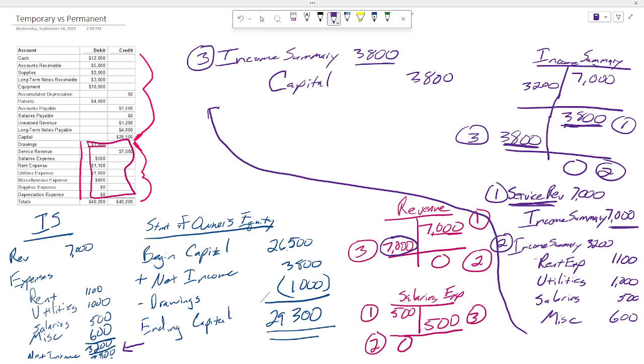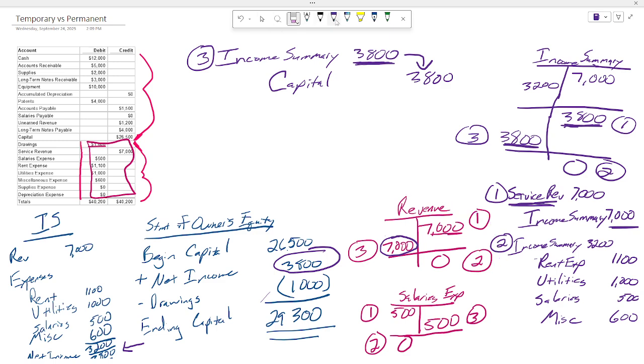It's saying this $3,800 in net income that the business earned, who does that belong to? It belongs to the owner. So we have now added the net income to the owner's capital account. Guess what? That's right here. That's our statement of owner's equity. So we added the $3,800 to the owner's capital account.